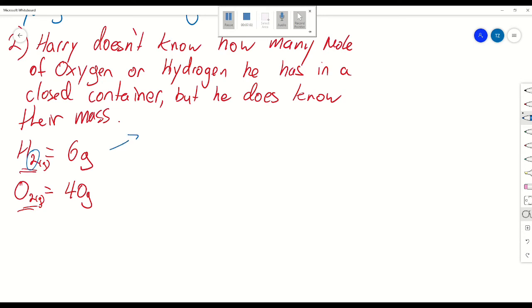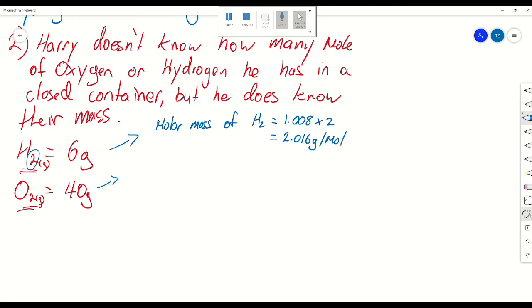So first, molar mass of H2 equals 1.008 times 2, because we've got the 2 atoms, which gives us 2.016 grams per mole.